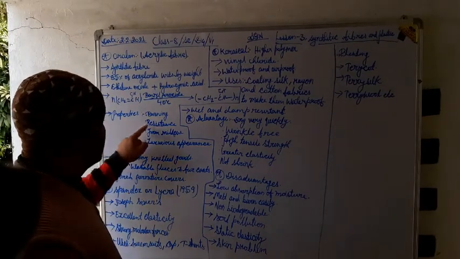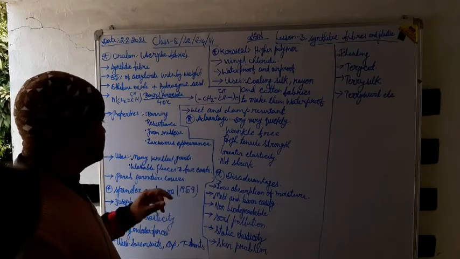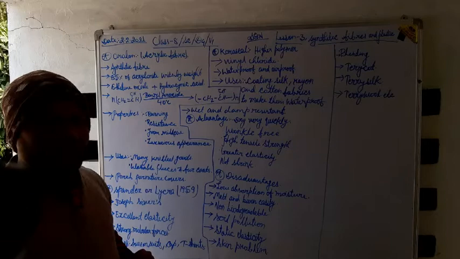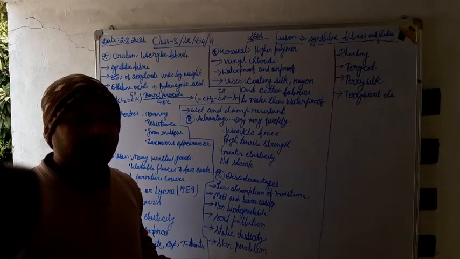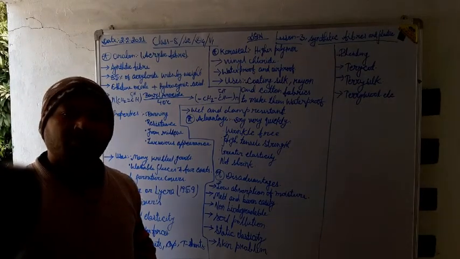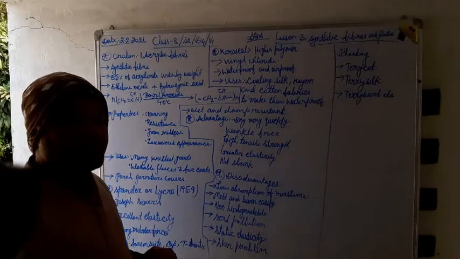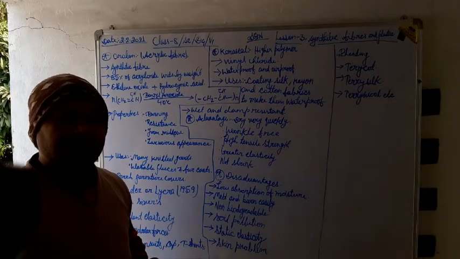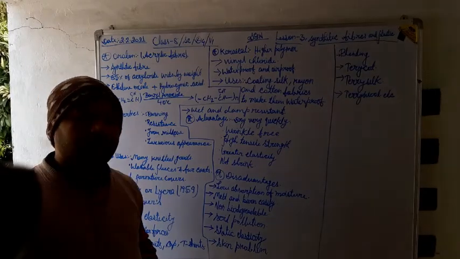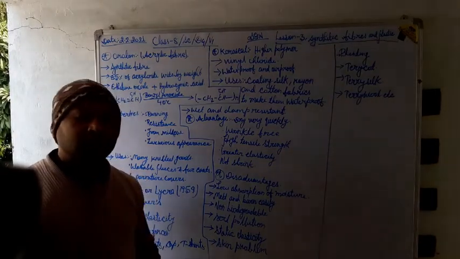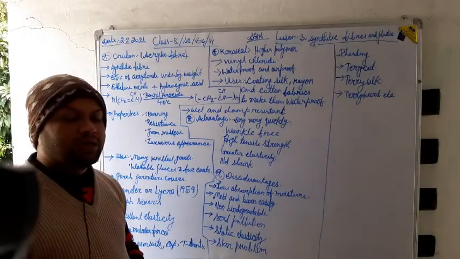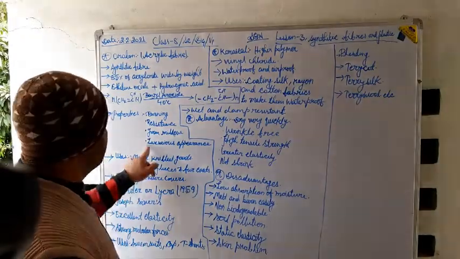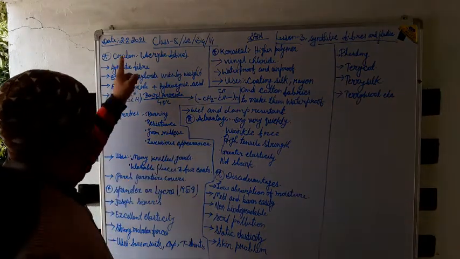The third property is that mildew may form on its surface but has no effect on the fibers, and it has good resistance to weak alkalis and acids. It has a soft, luxurious appearance like silk and feels warm. So these are the properties of orlon.